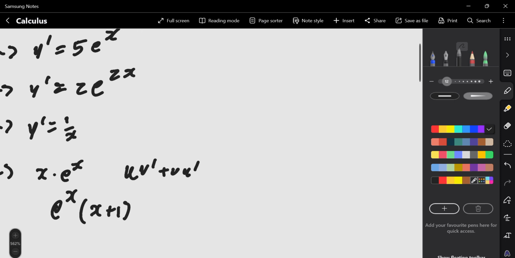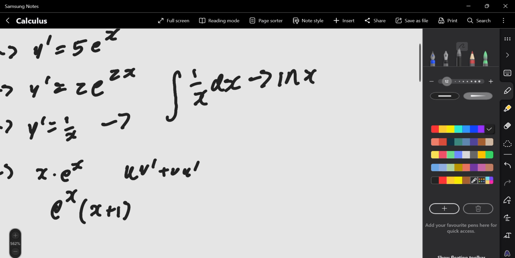So now that you know that the derivative of ln x is 1 over x, you also know that the integral of 1 over x is going to be ln x. But so many people say, why is the derivative of ln x 1 over x? And that also has an explanation.